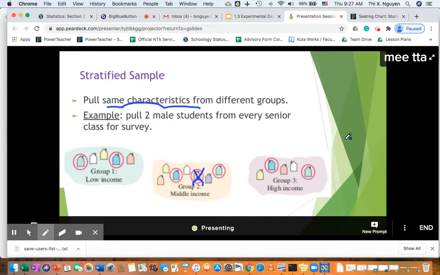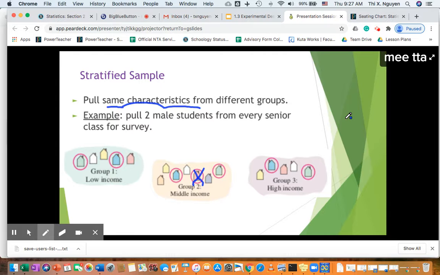So right now, think about senior advisor. This is what I would do. I'm going to go to every senior advisor. I'm going to pull 1 male student to do my survey. That is stratify. You put exactly 1 male per advisee for the seniors. Or you can think about each grade level, freshman, sophomore, junior, and senior.